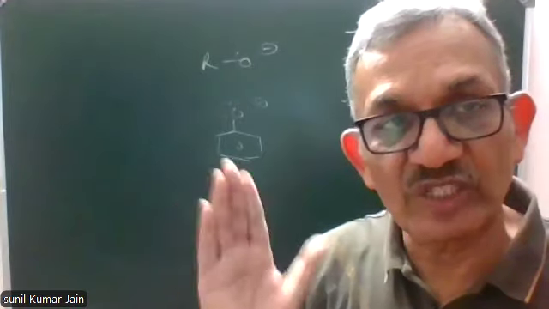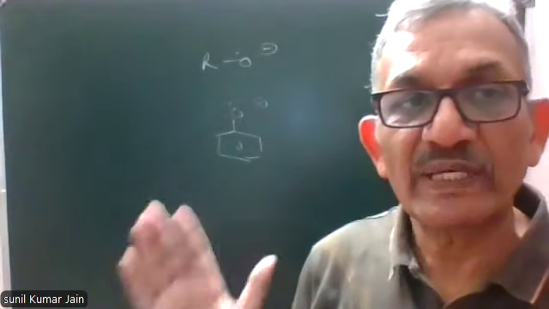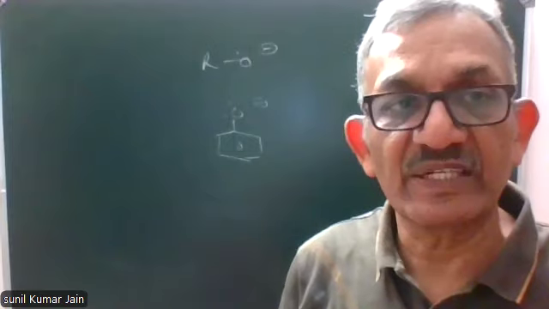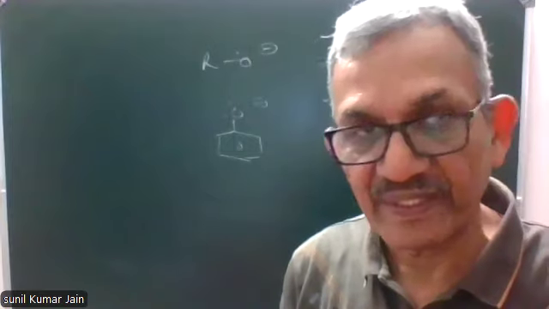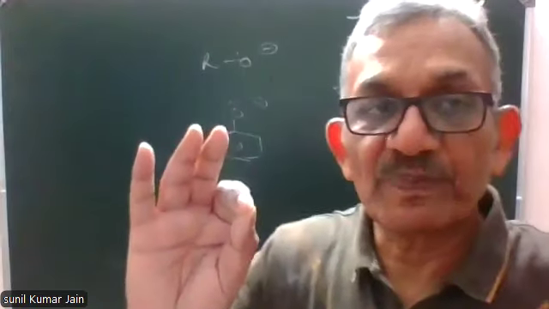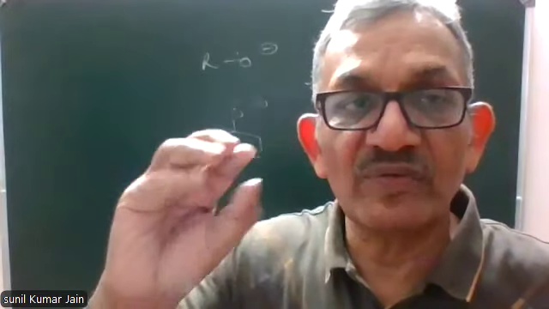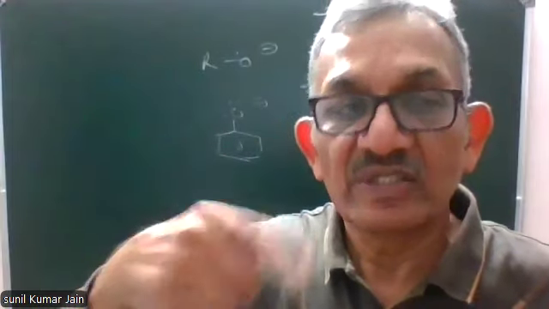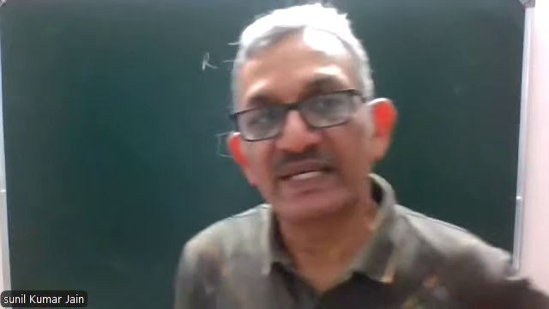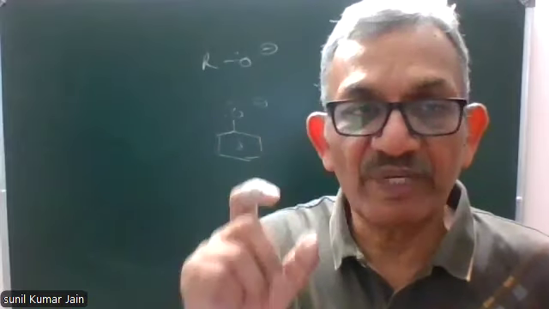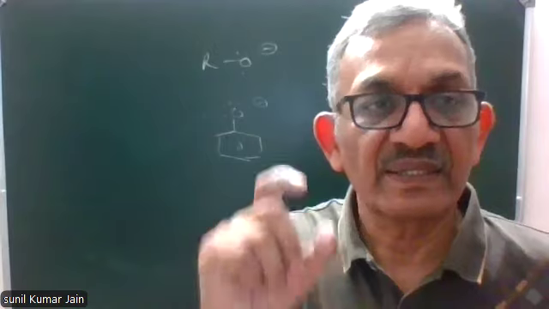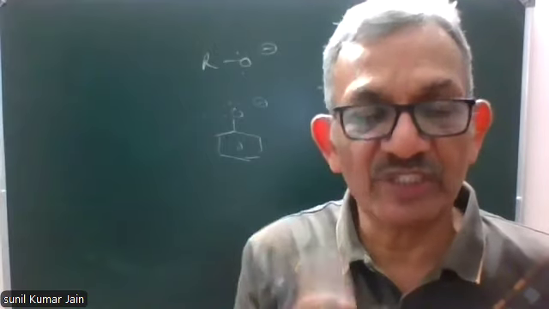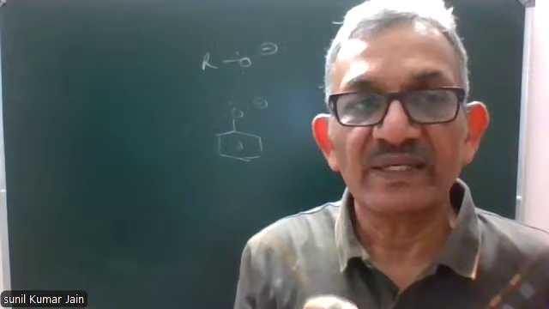On the basis of the stability of the ion formed, we can explain acidic nature of alcohol or phenol. See, after losing H plus ion, if stability of the ion formed is more, then release of H plus will be easy and acidic strength will be high. On the other hand, if stability of the ion formed is less, its formation will be difficult and acidic strength will be low.